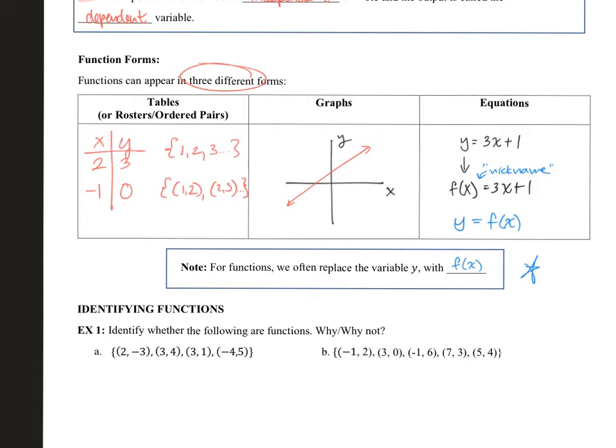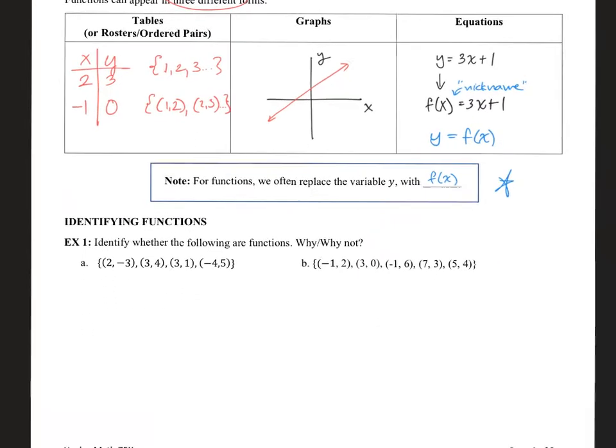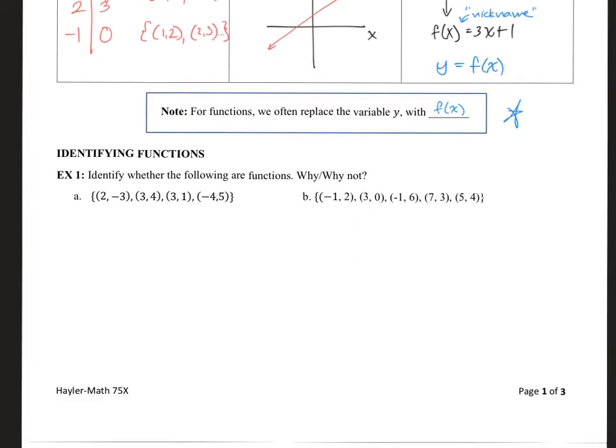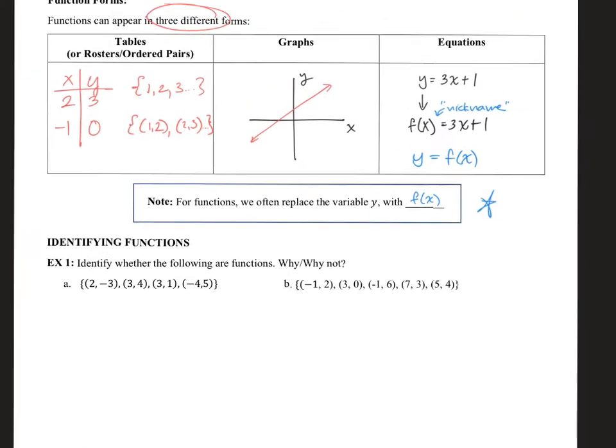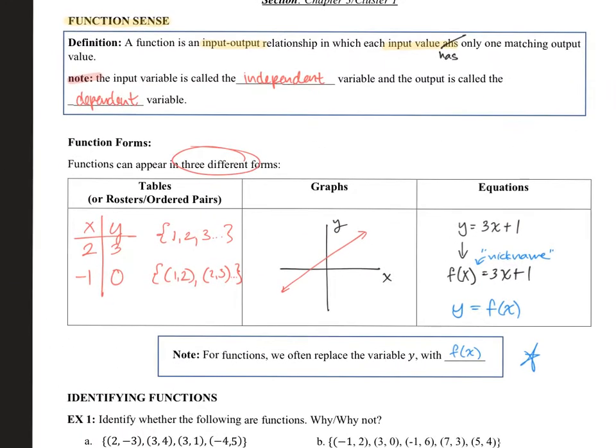Alright, so let's move on to identifying functions. Let's see. For example 1, identify whether the following are functions, yes or no. So the first thing we want to do, which has to do with the definition, is remember, the definition states it's where each input has only one matching output.